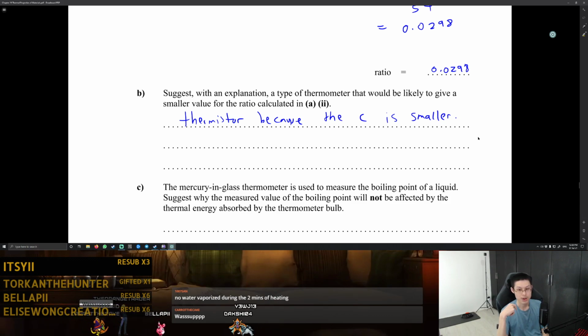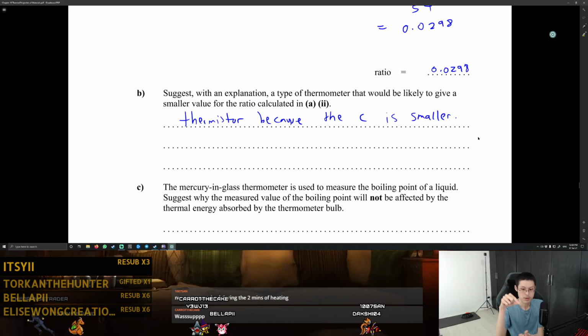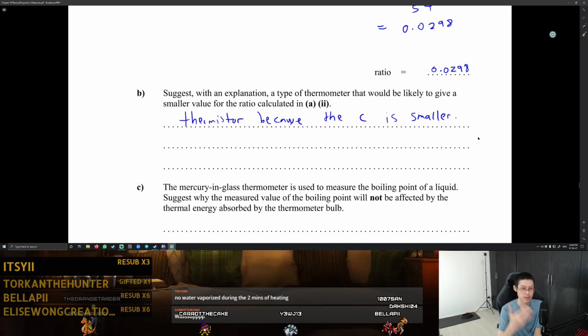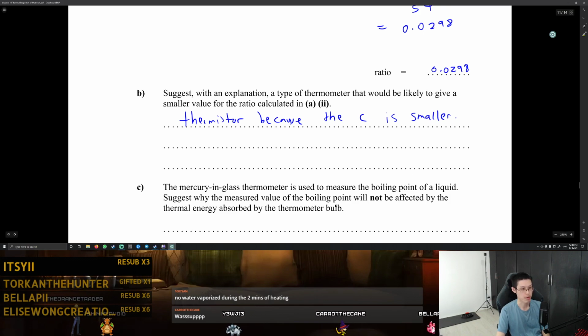So when the temperature drops to 98.4, it's going to stop boiling because it's not at boiling temperature. Your thermometer will read 98.4, and you would interpret it as, oh, it's not boiling yet. So now you're going to put in more heat, which means it's going to go up to 100 degrees Celsius, and whatever surplus energy is going to get sent to your thermometer bulb, which means no matter what happens, you're going to read 100 degrees Celsius on your thermometer bulb.